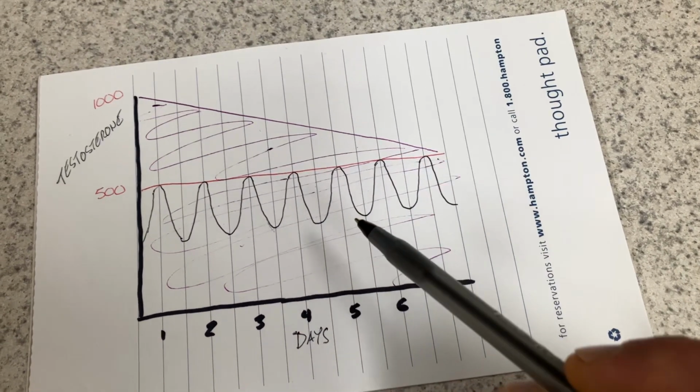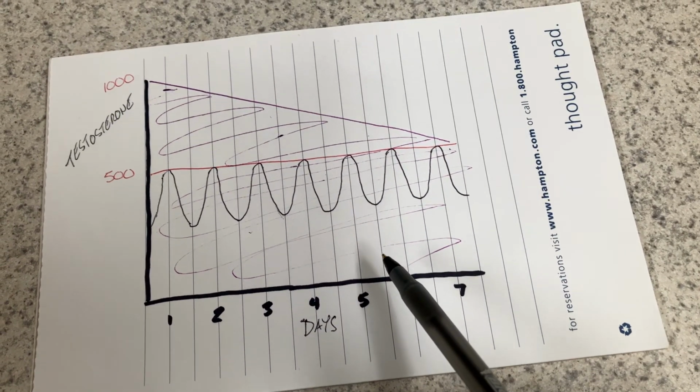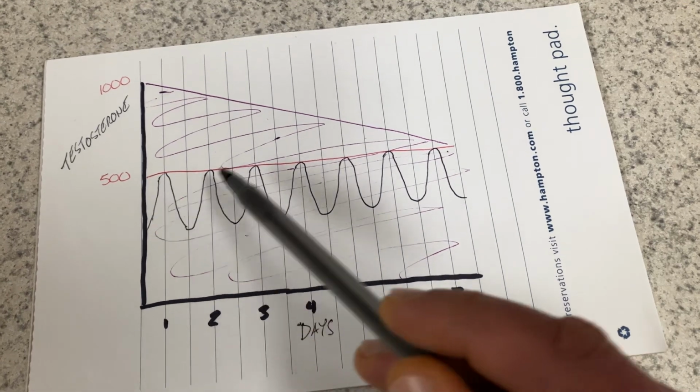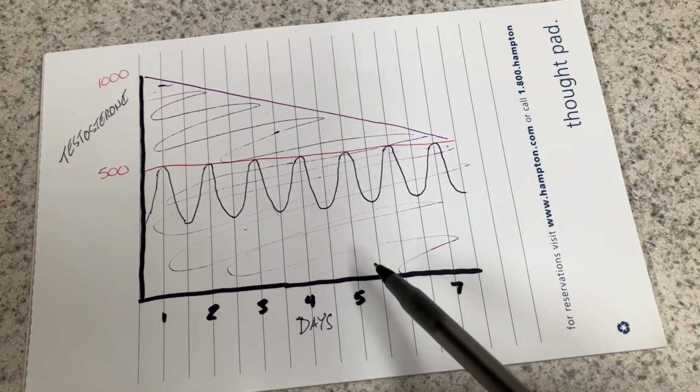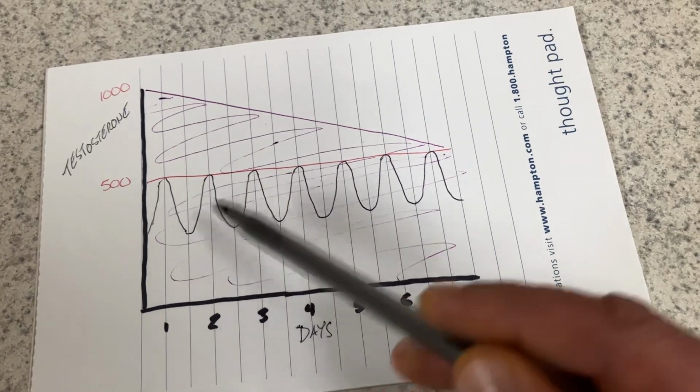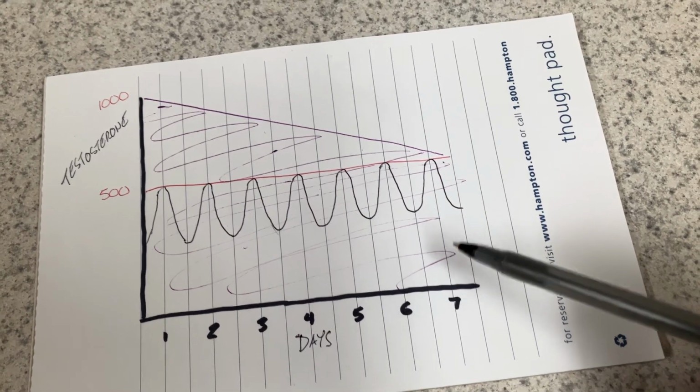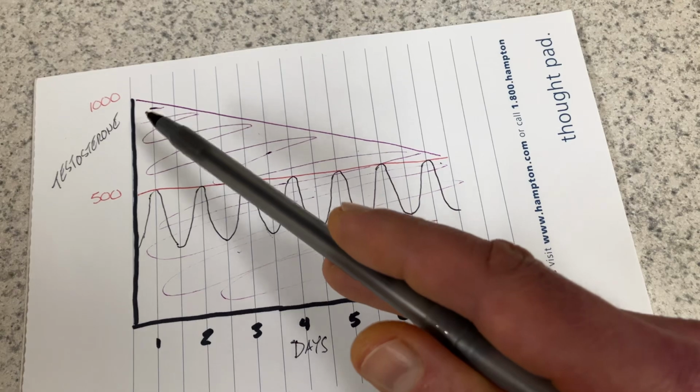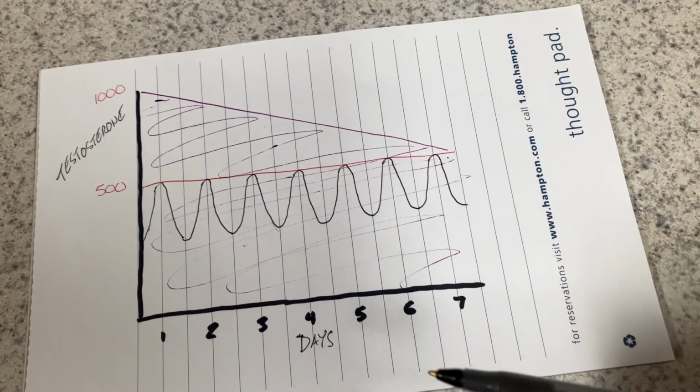And even if you did have some amazing physiology where you're just 500 all the time and it didn't fluctuate from day to day, you can see this area down here is much less than whenever you include this triangle up here and have more area.